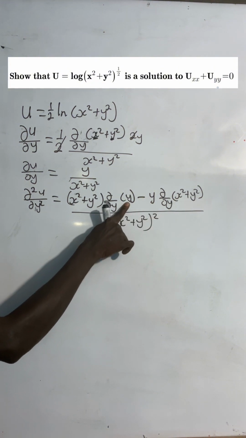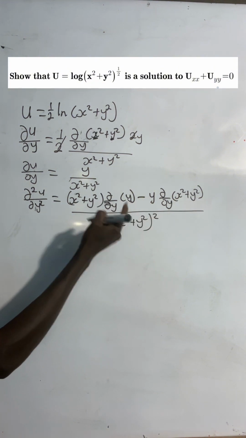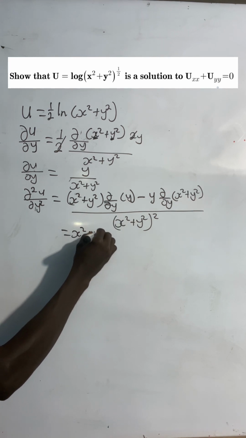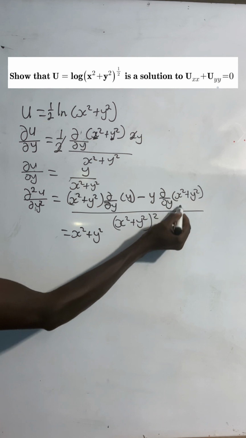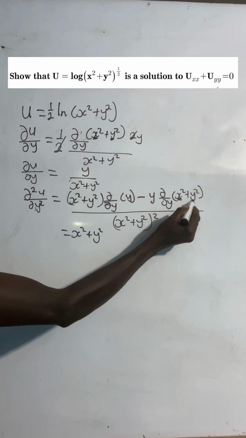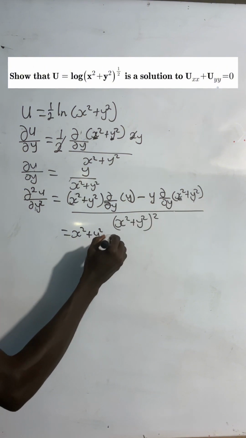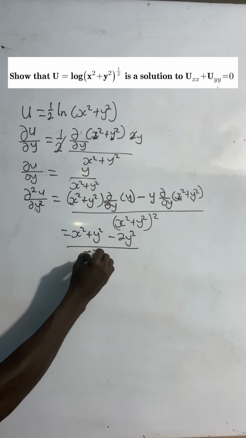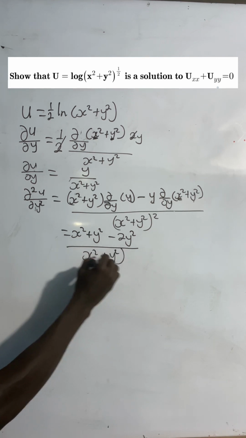That is the quotient rule. If we differentiate y partially with respect to y, we get 1. Then we multiply 1 by x squared plus y squared to get x squared plus y squared. If we differentiate x squared partially with respect to y, we get 0. If we differentiate y squared partially with respect to y, we get 2y. If we multiply it by negative y, we get negative 2y squared, all divided by x squared plus y squared all squared.